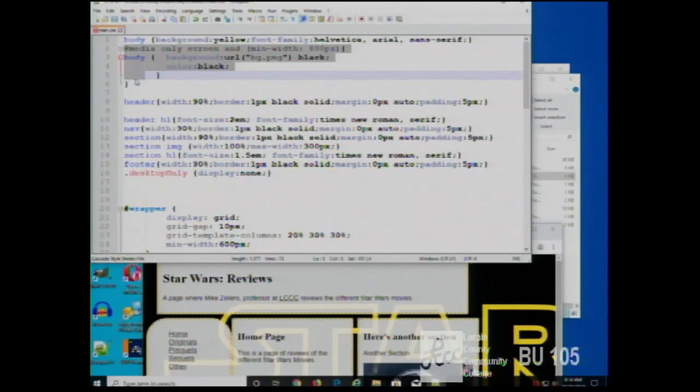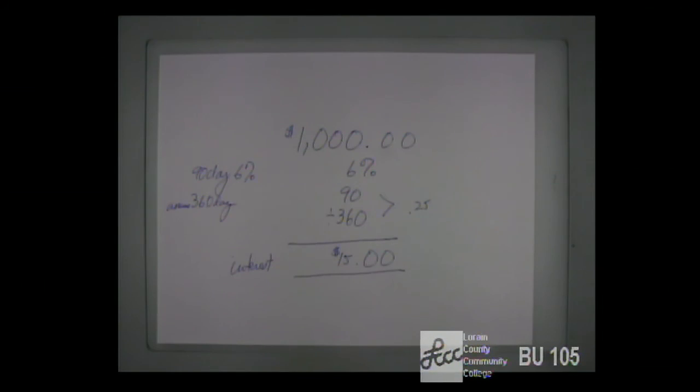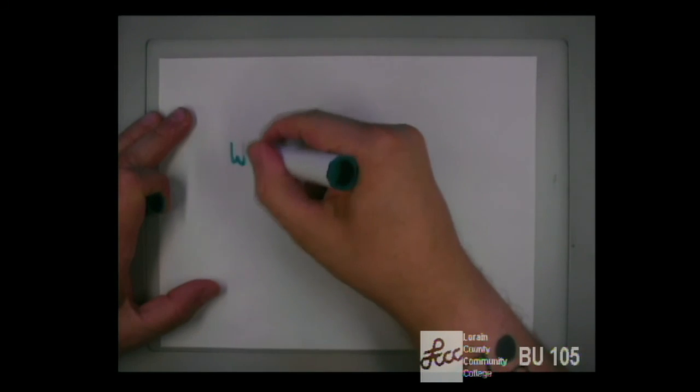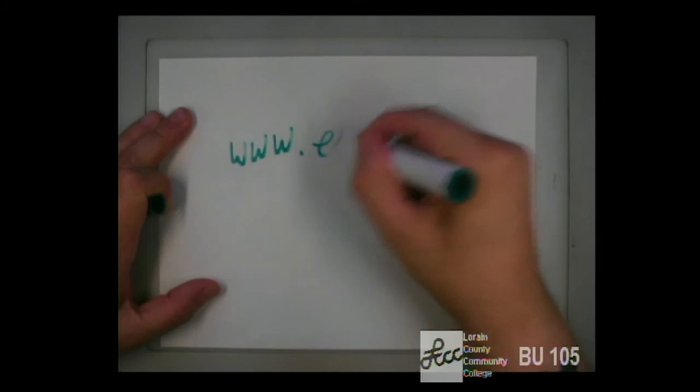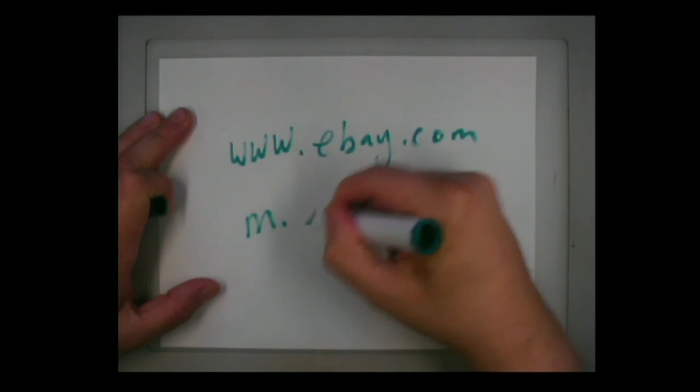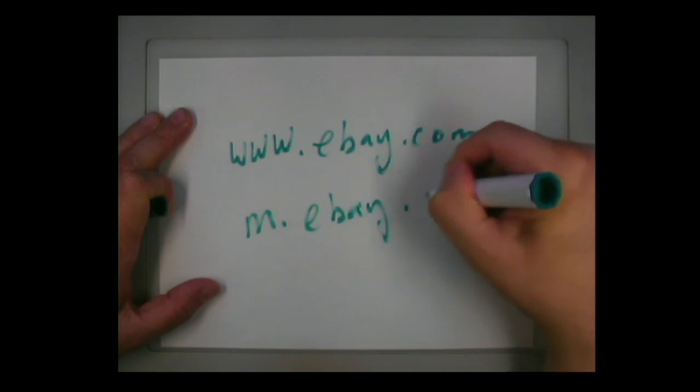A lot of times you see that, like if you go to a web page, and I can't think of an example, so I'll use eBay. The regular website would be www.ebay.com, and the mobile website would be m.ebay.com.